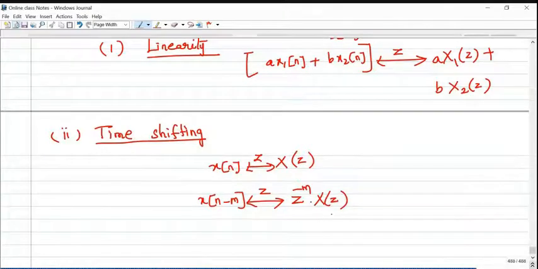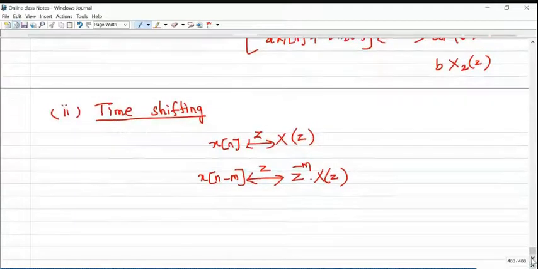This is the time shifting property. If your signal is shifted by m amount of time, your result will be equal to z power minus m into x of z.